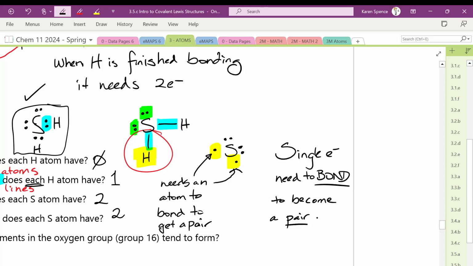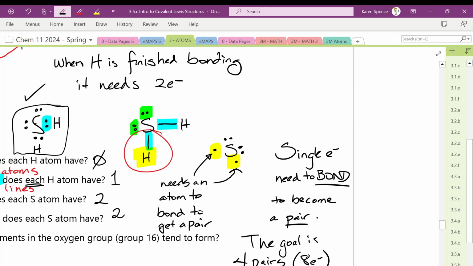The goal, of course, is to have how many pairs? 4 pairs. Which is 8 electrons, which is an octet.